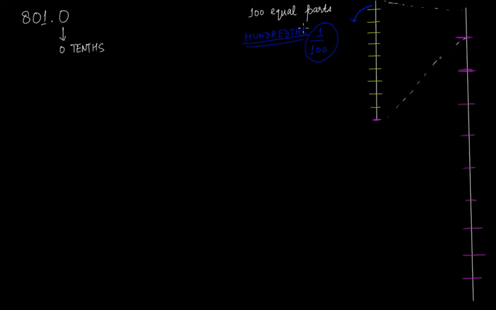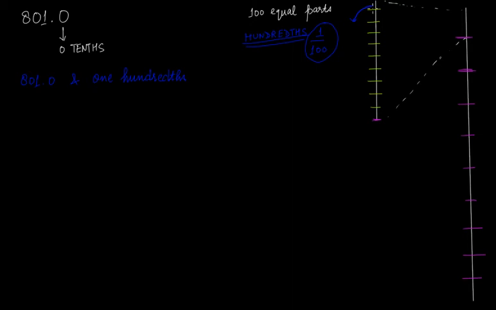Now if someone gives you this particular segment only, out of all the 100 equal parts, only this portion, you will have 801.0 and 1/100ths. Why 100ths?